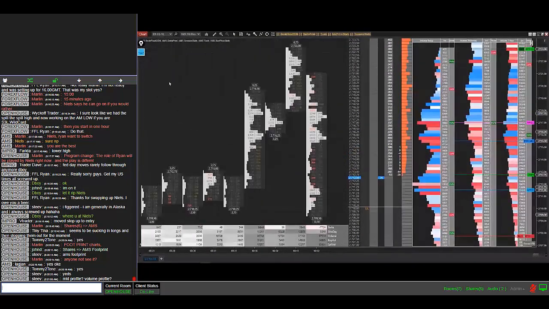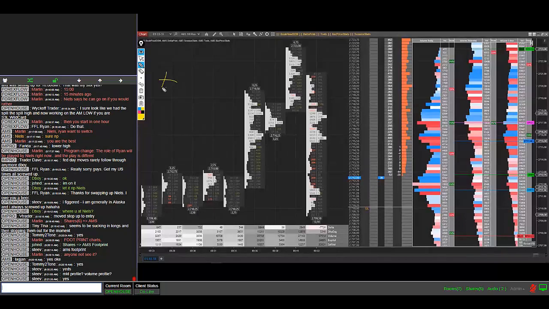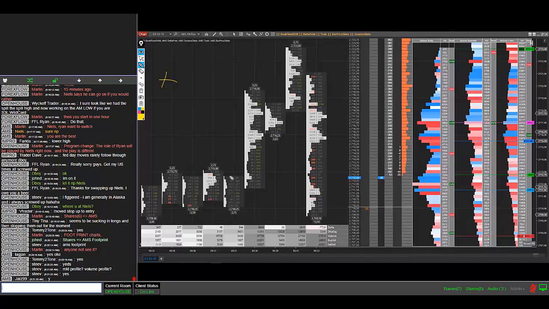I'm gonna try to draw here a little bit. Can we all see the yellow X on the top left? Okay, good. What you see here is a reversal chart with footprint data on it.